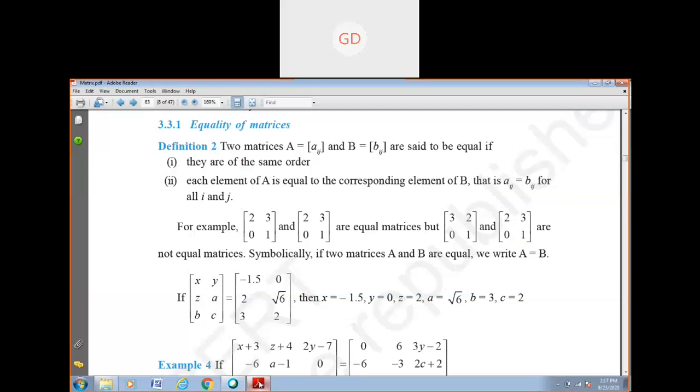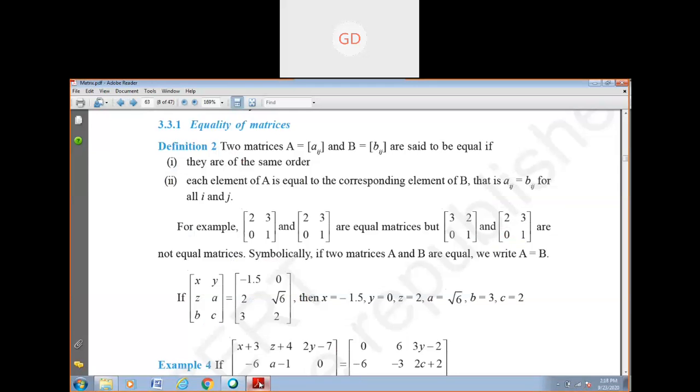First of all, we have to observe the matrices. For two matrices to be equal, we must have at first the same order. Orders of the matrices to be defined as equal, order must be same.